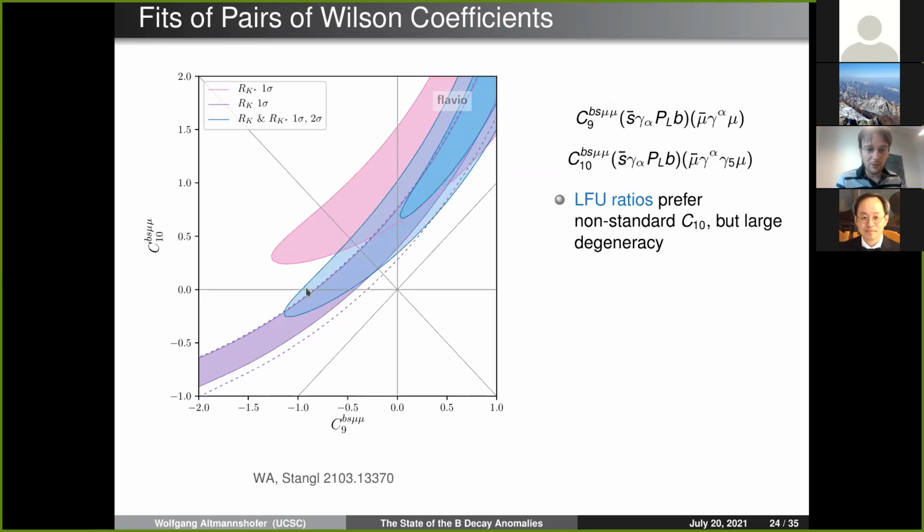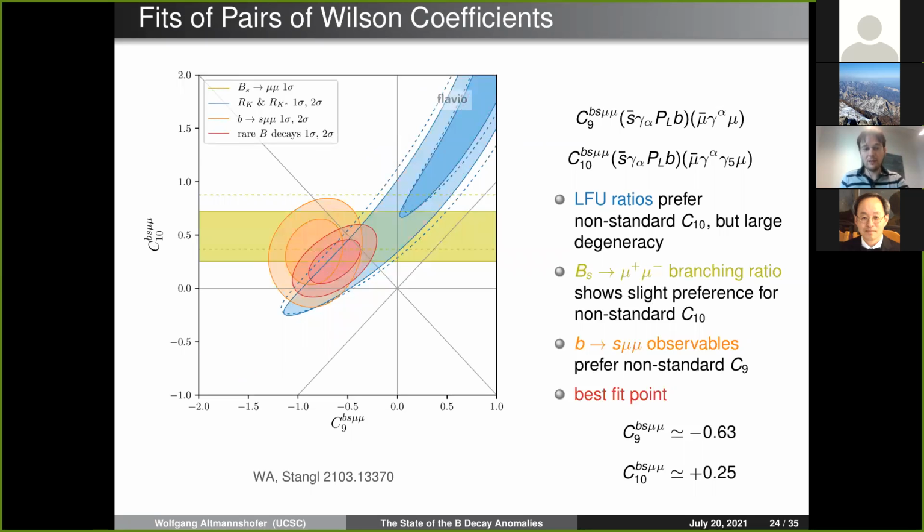And then this blue band here is the best fit region that one gets by taking into account only the lepton flavor universality ratios, so only R_K and R_K*. There's some slight preference for C10 over C9, but there's this broad degeneracy, this very elongated band here, which covers a broad region of parameter space.